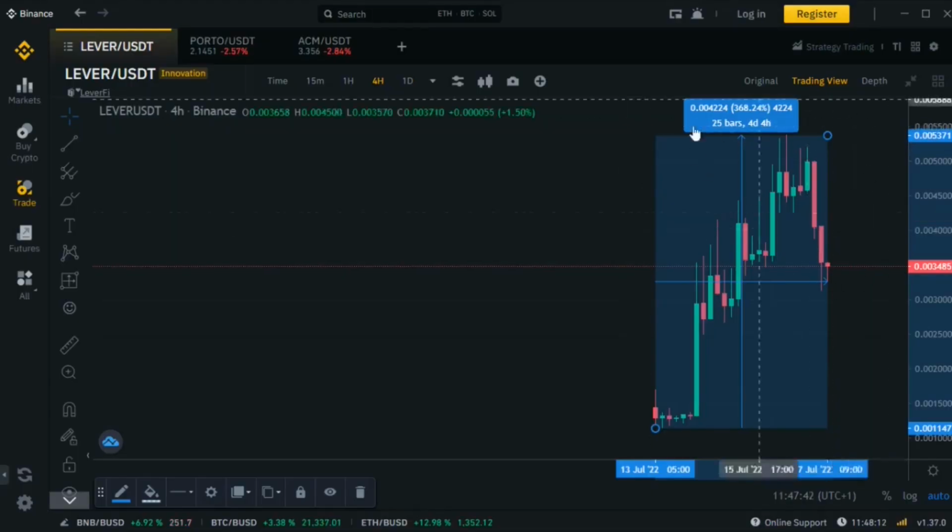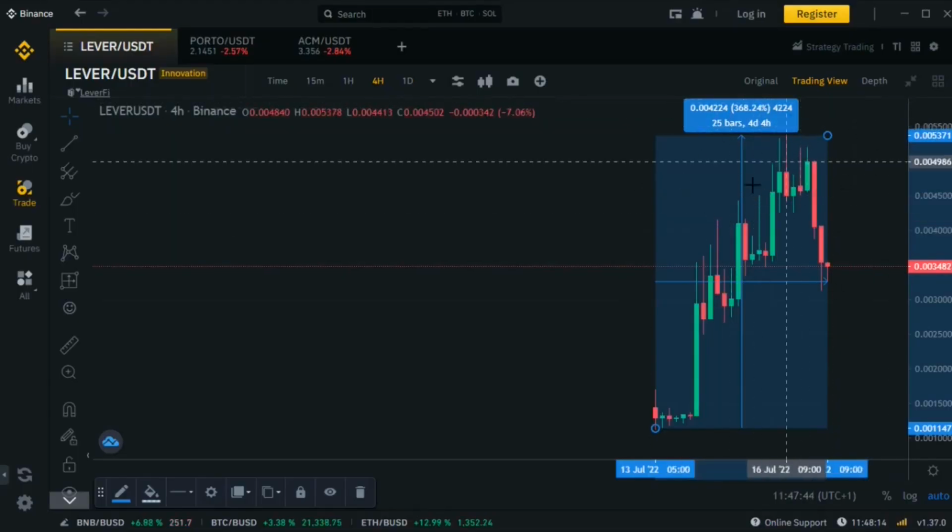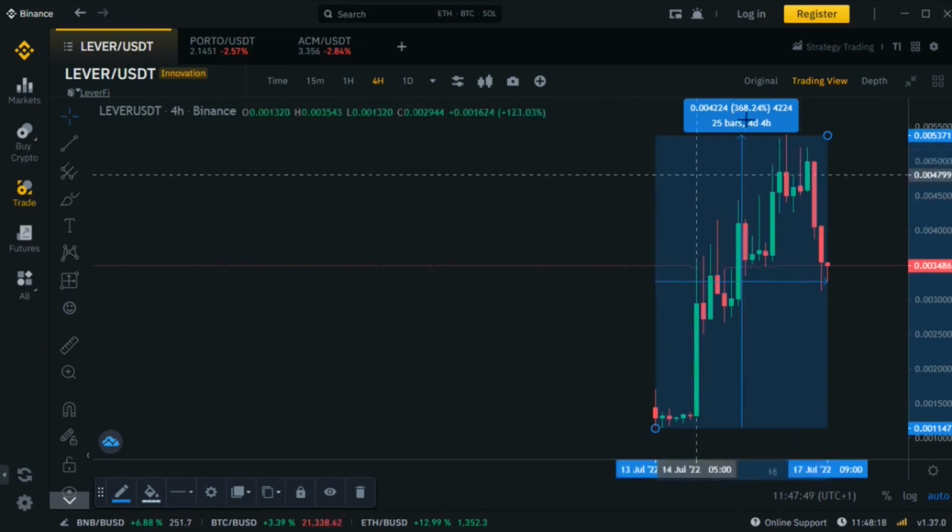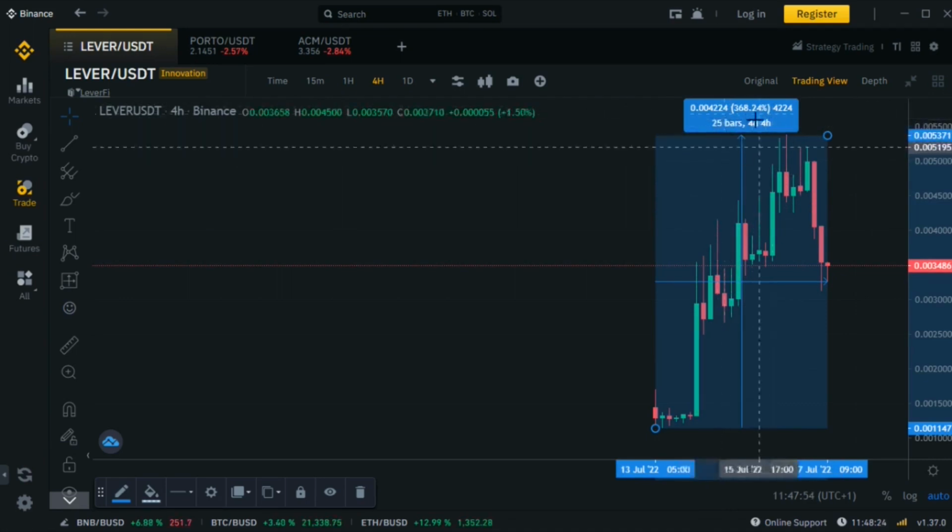So as you can see on the candlestick price chart data, the most current bullish trend section of the lever USDT cryptocurrency pair bounced up by 368% over the course of 4 days and 4 hours. The question is, how much money can you potentially make as profit going long on this bullish trend section? For example, let's say you open a long trade position with $100.